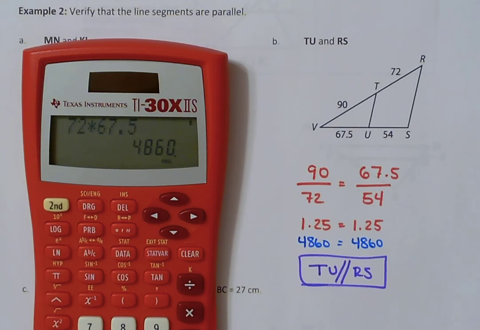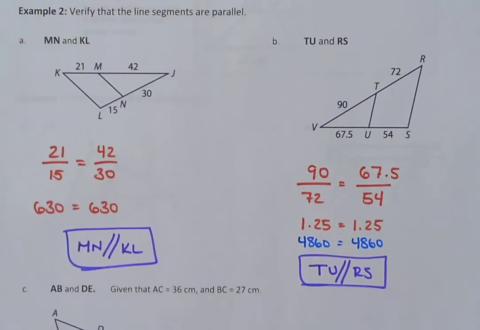Example 1, we start with the lines being parallel, which tells us the sides are proportional. Example 2, we start with the sides being proportional to tell us that the sides are parallel. So, C is much of the same, so I will leave that one for you to do on your own. I think this one should be pretty self-explanatory for example 2.